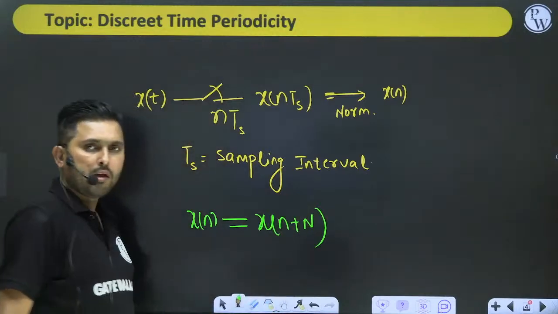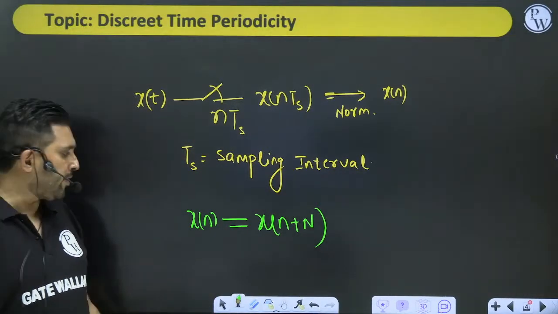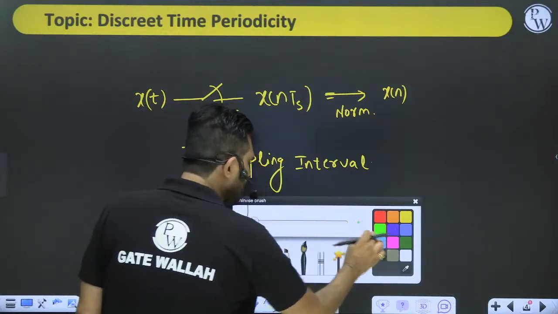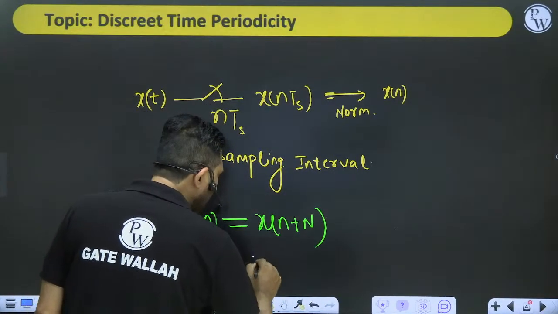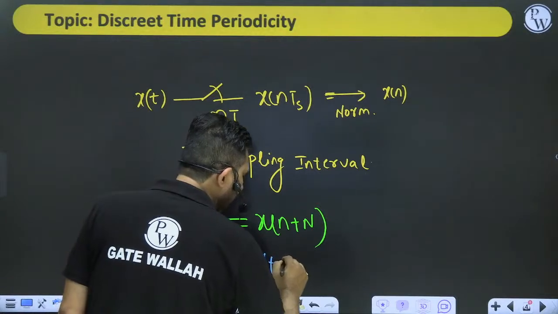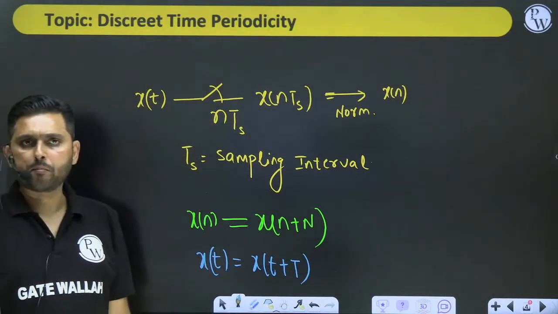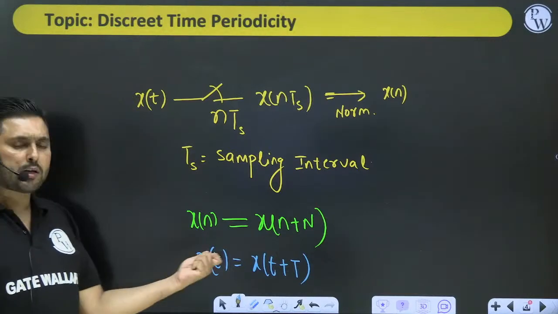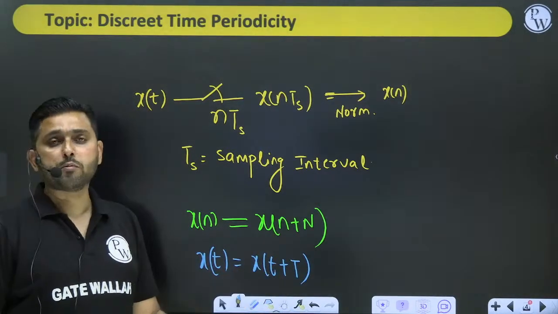Mind it, this is exactly the same definition as the previous one. The previous was x of t equal to x of t plus capital T, then I say that the function is periodic. Here, if x[n] is equal to x[n plus N], then x[n] is said to be periodic.